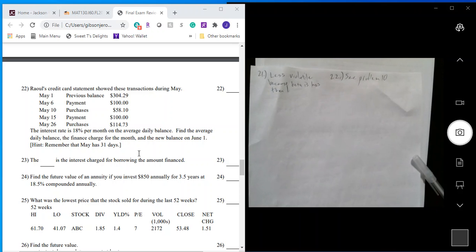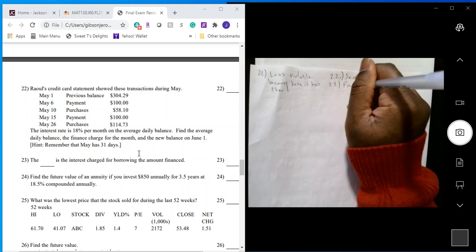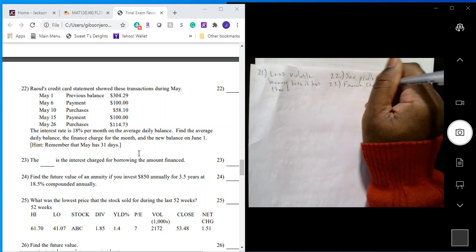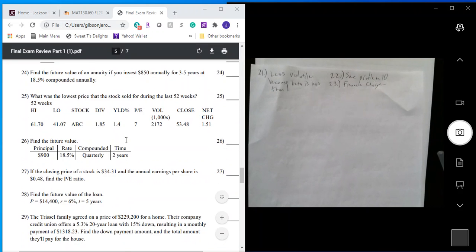Okay, 23. The blank is the interest charge for borrowing the amount financed. So it is the finance charge. The finance charge. Okay, 24.